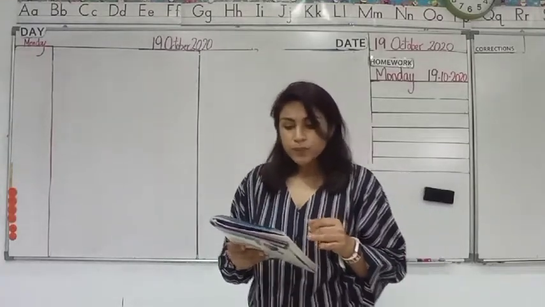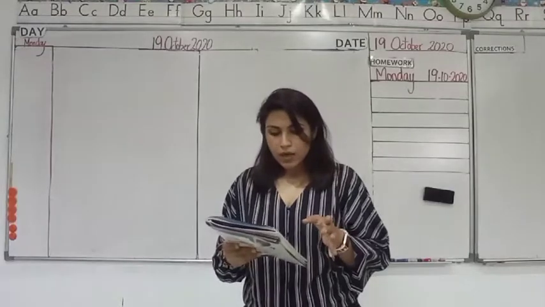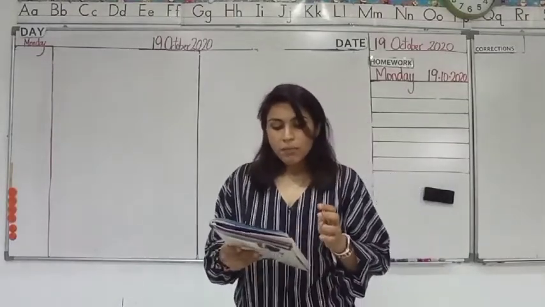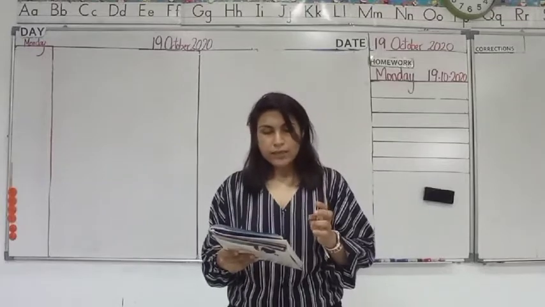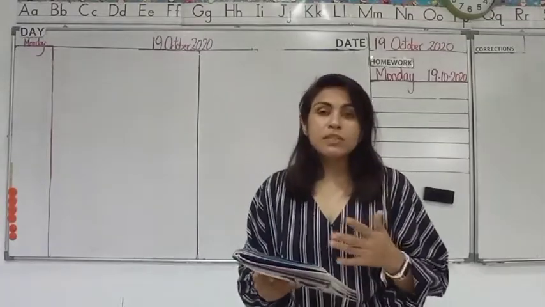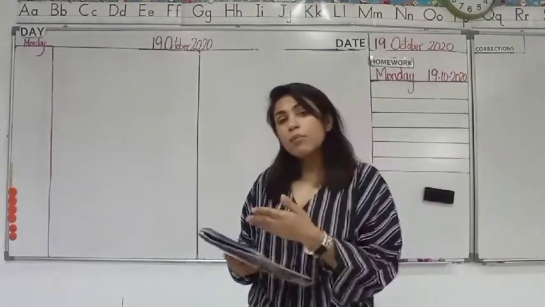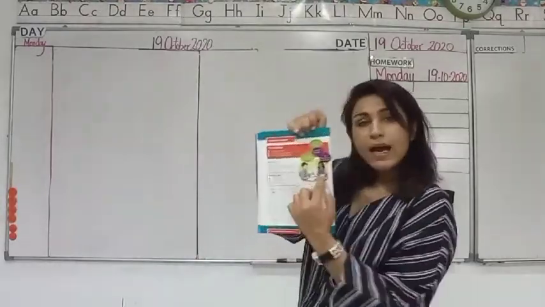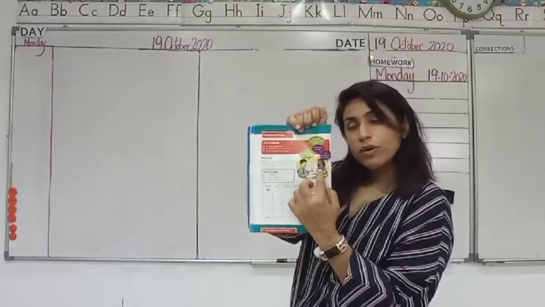What to do? Rohan and Anya decided to count all the materials they can. So they are counting the materials. How many materials do they both know? This is Rohan and this is Anya. I think you can see in your book.